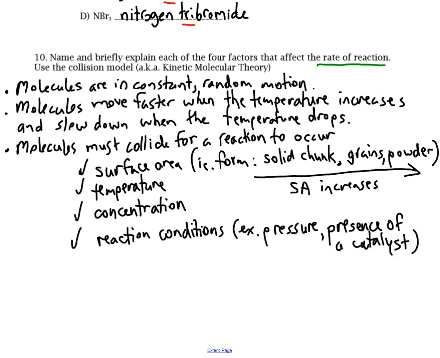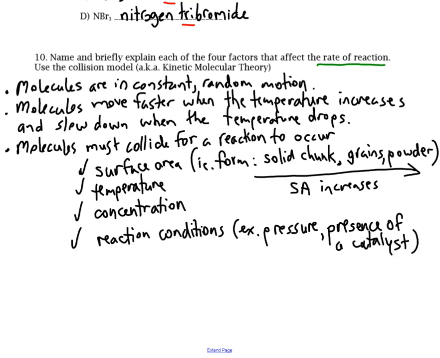That's the form of the compound or element. It could be a solid chunk, could be grains, could be fine powder, could be a dissolved solute in solution form. And as we progress, the surface area increases, meaning the particles are smaller and they're spread out over a greater area, and they're more likely to come into contact with other reactants and collide.